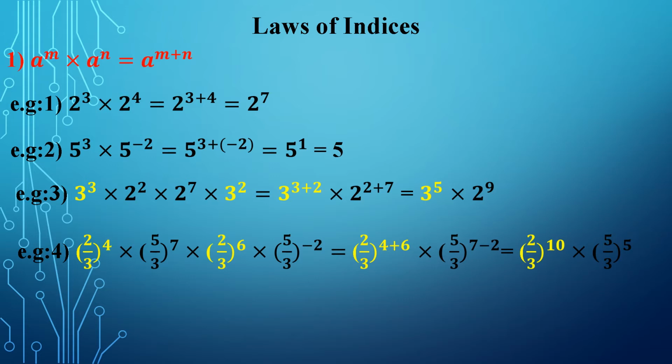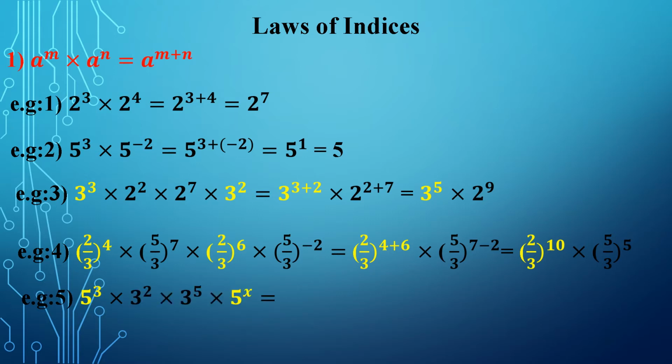Similarly, check the black ones. They have the base 5 upon 3: 5 upon 3 raised to 7 and 5 upon 3 raised to minus 2, which will give us 5 upon 3 raised to 7 minus 2. Hence, our final answer will be 2 upon 3 raised to 10, the one which is in yellow, into 5 upon 3 raised to 5, the one in black.